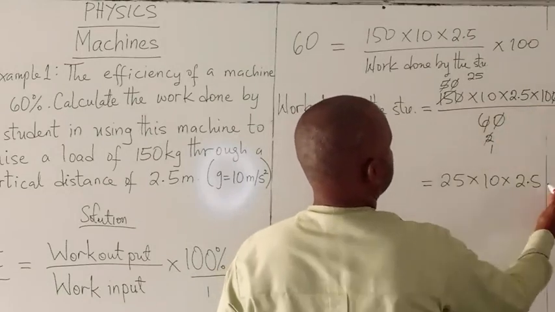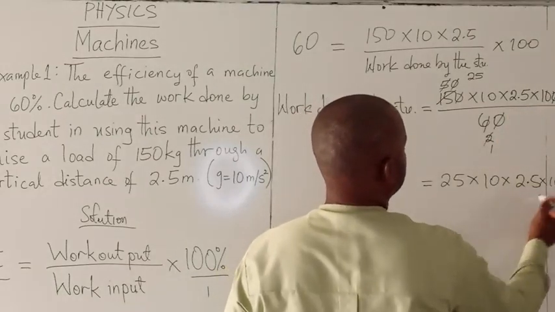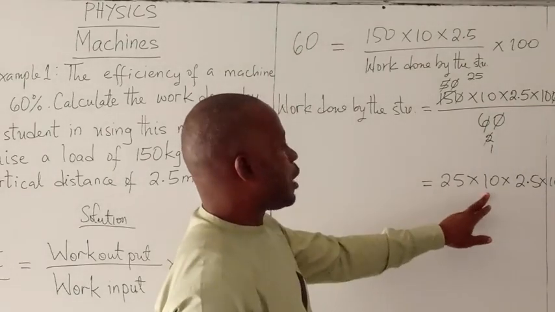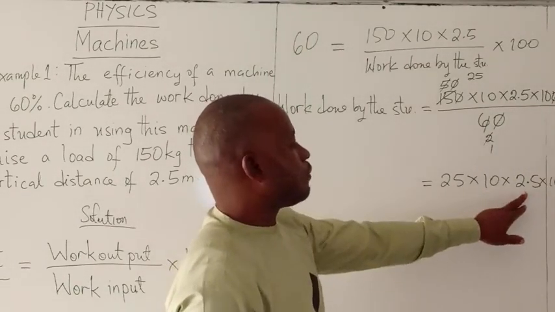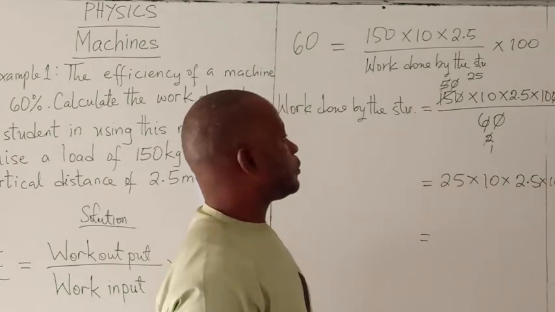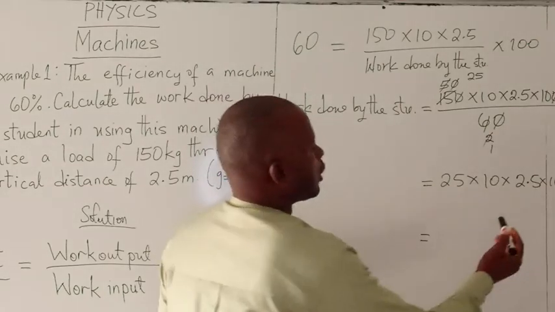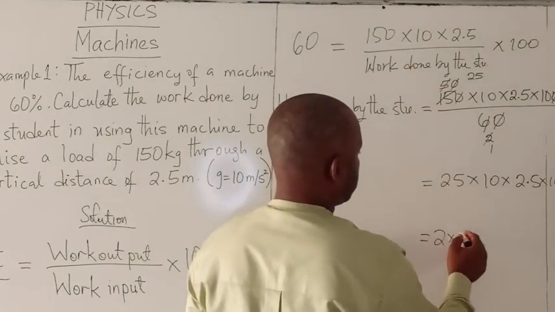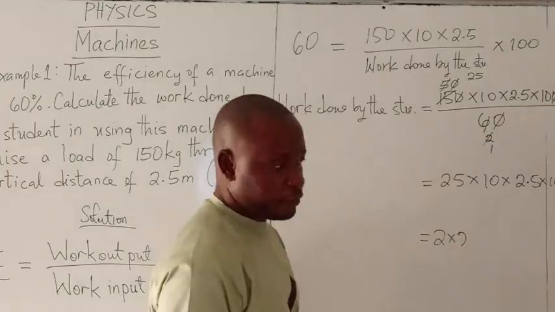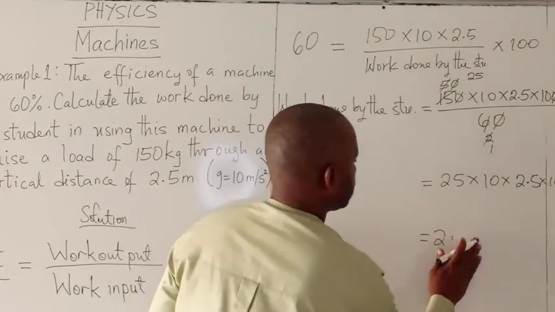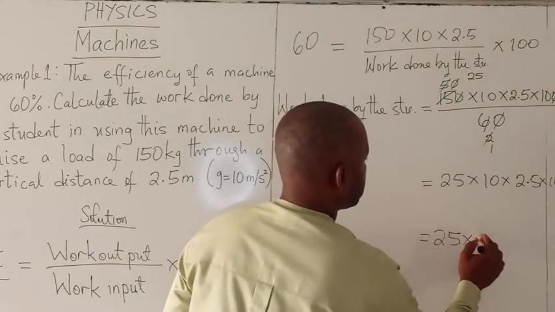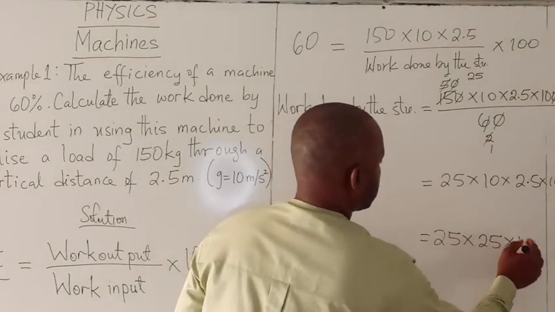We still have another 10 here. So we have 25 times 25 times 10.